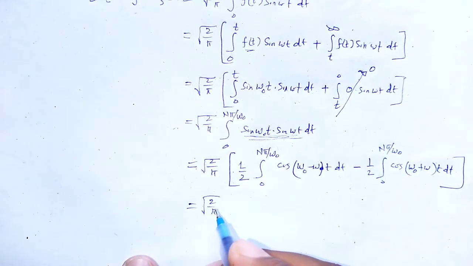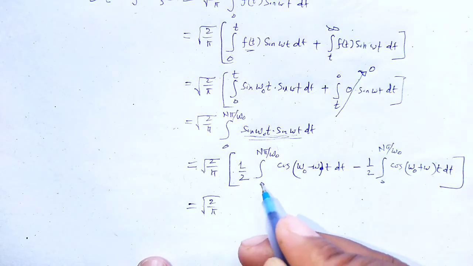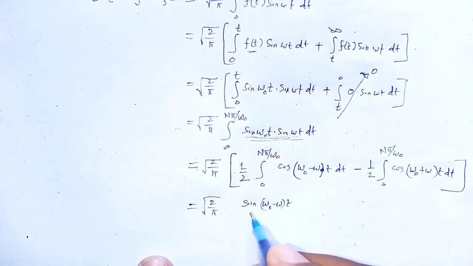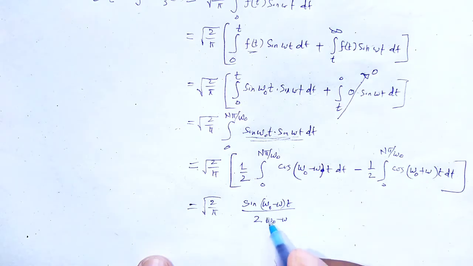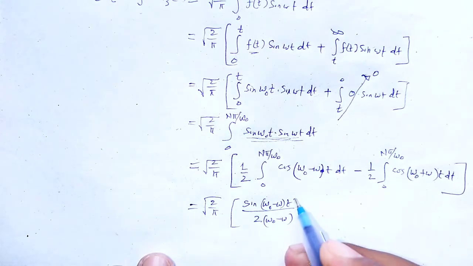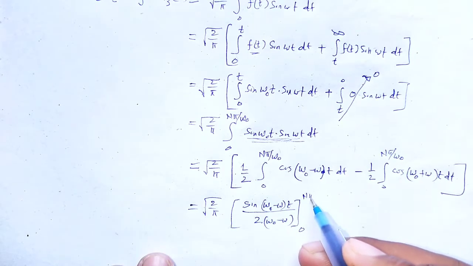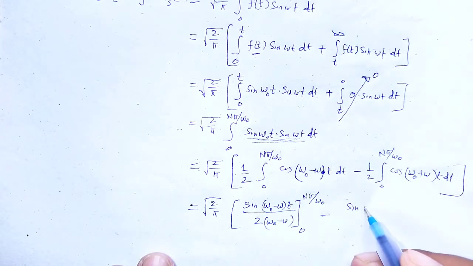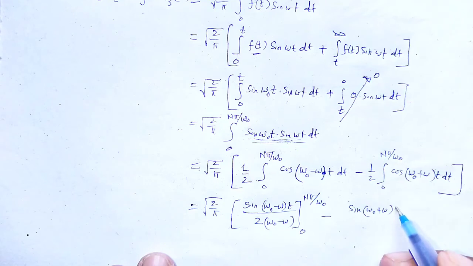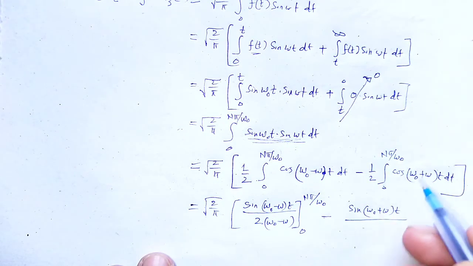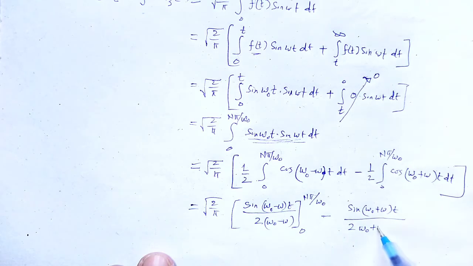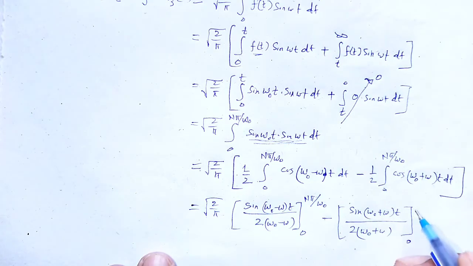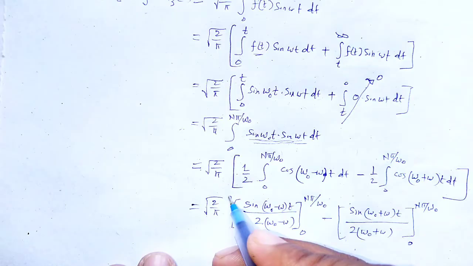So 2 by pi under root, that integration results in sin (omega naught minus omega) t divided by 2 (omega naught minus omega), as limit from 0 to n pi by omega naught, minus here sin (omega naught plus omega) t, its integration results in 2 (omega naught plus omega), limit from 0 to n pi by omega naught.